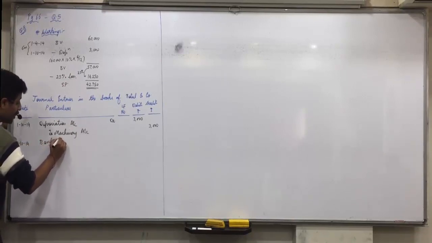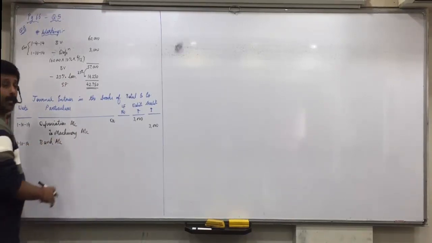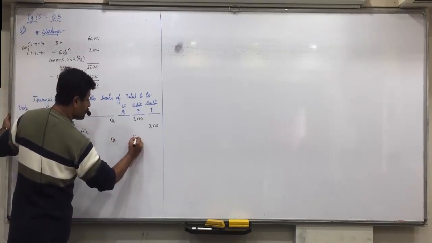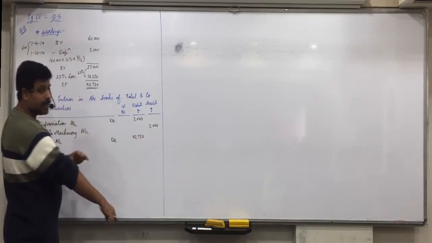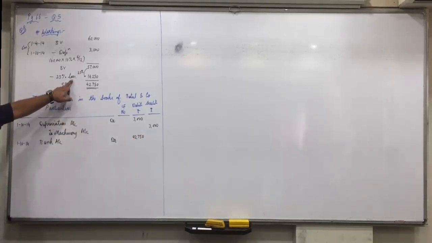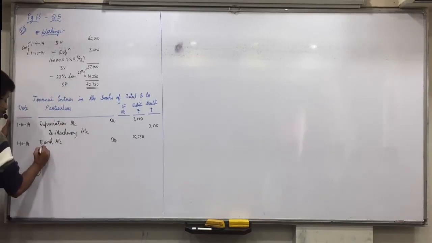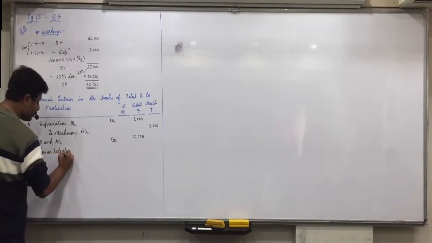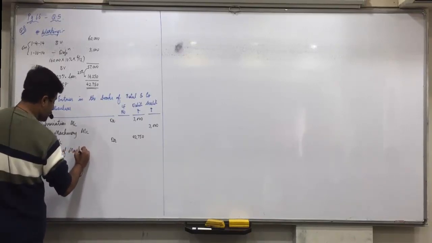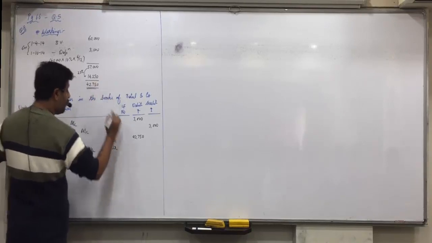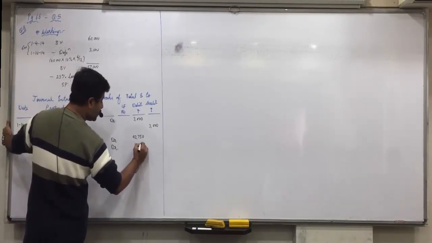Bank account debit with the money received 42,750. Okay, bank is the receiver, debit the receiver. Loss, debit all expenses and losses. So loss on sale of machine account debit 14,250.